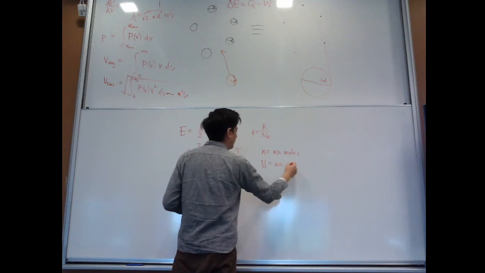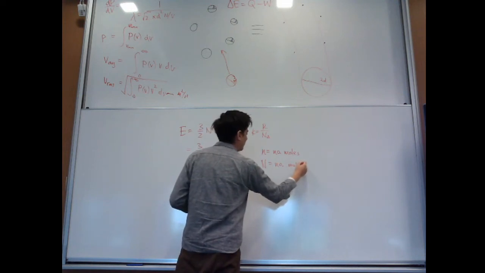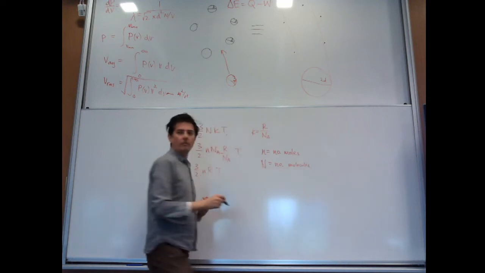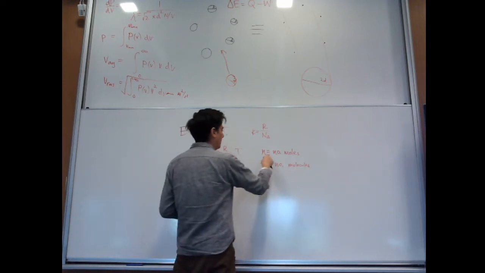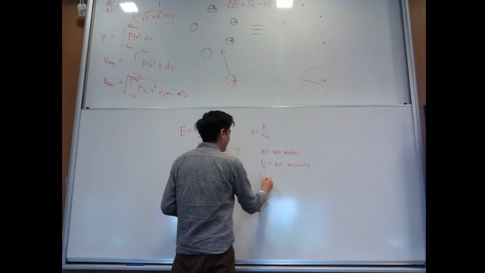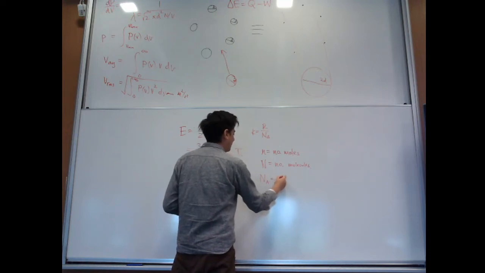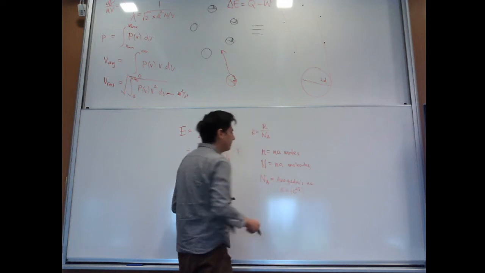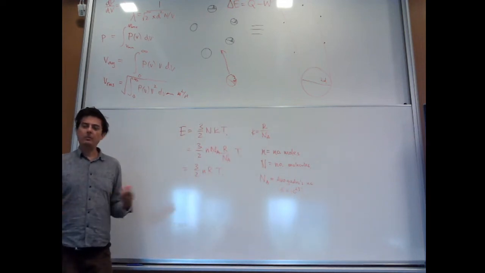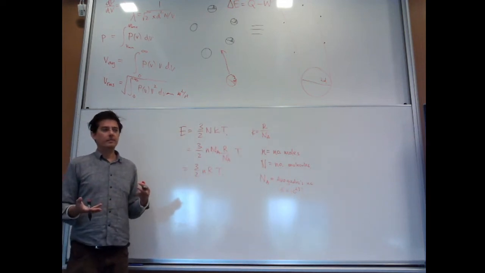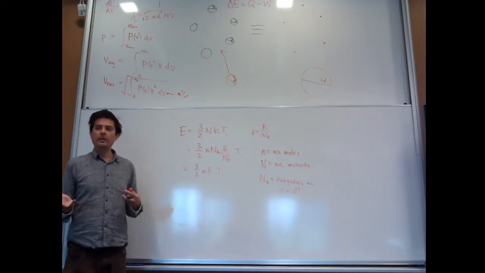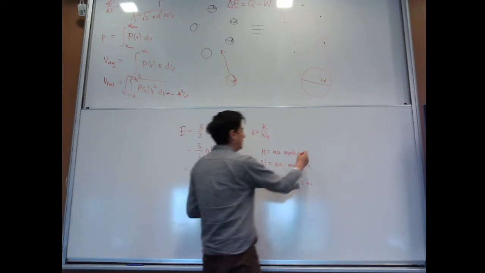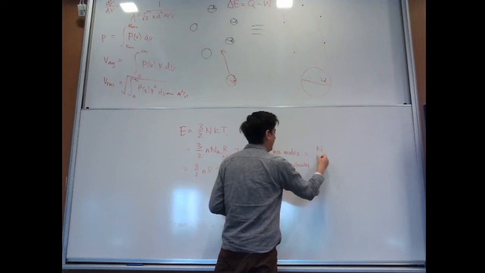The other one is the number of molecules, and Na is Avogadro's number, so 6 times 10 to the 23. The number of moles is just different units, basically. So this is just N divided by Na.